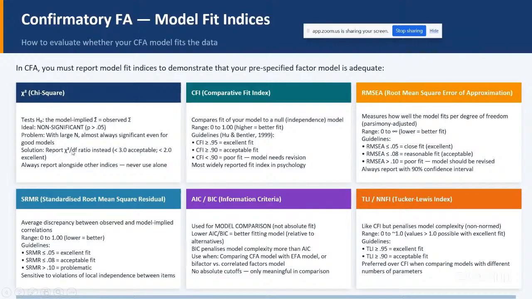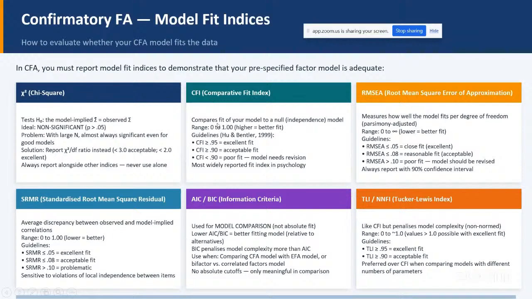But what is the problem with large n? It will always show a significant model. We can't rely on chi-square when the sample size n is so large. So we go to the next index, that is CFI.